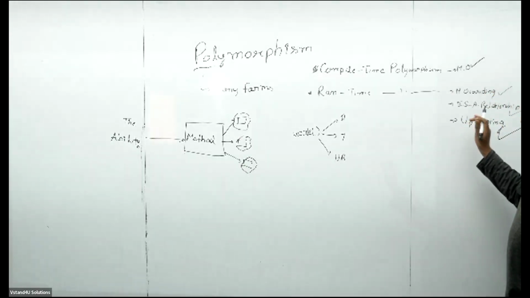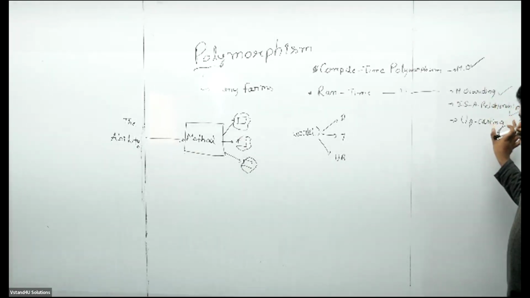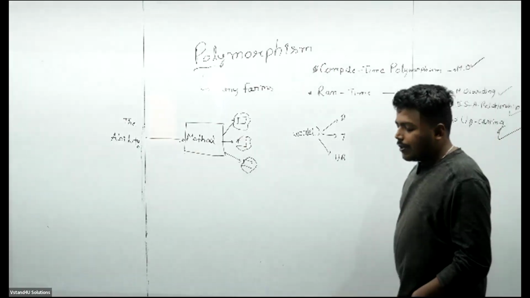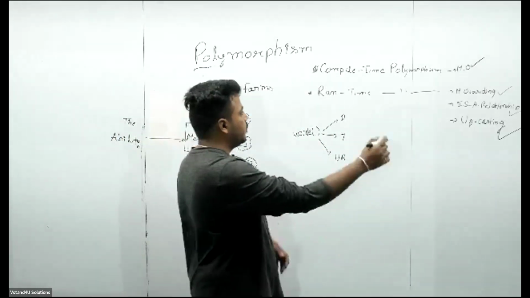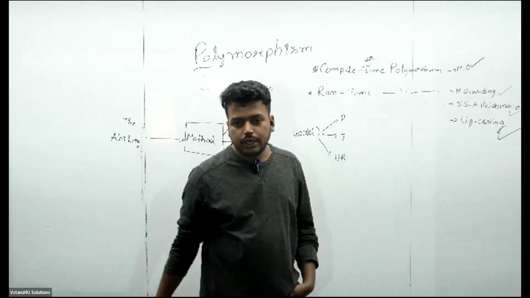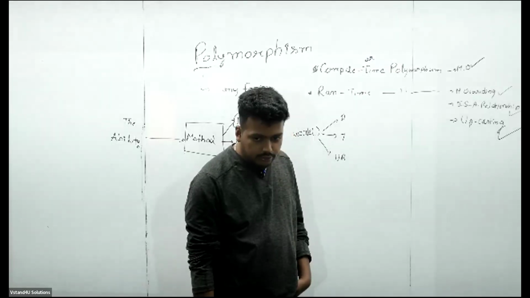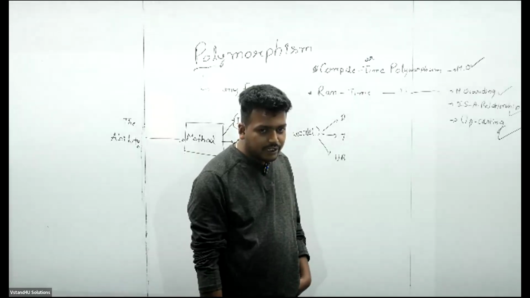For runtime polymorphism, method overriding should be there. An is-a relationship is mandatory, and upcasting is mandatory for runtime polymorphism. Compile time polymorphism is also called static.